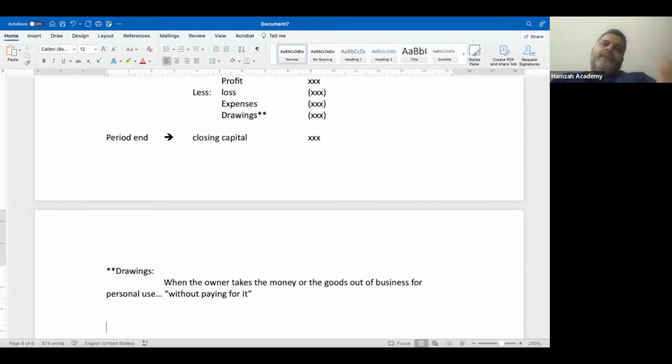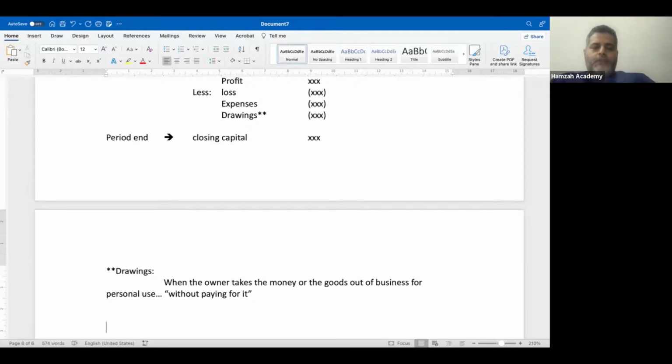Similarly, I take out some bucks for my personal use from the cash till of the business. The amount of cash that I've taken out is going to be called drawings, right? So this is the movement as far as the drawings are concerned, right?